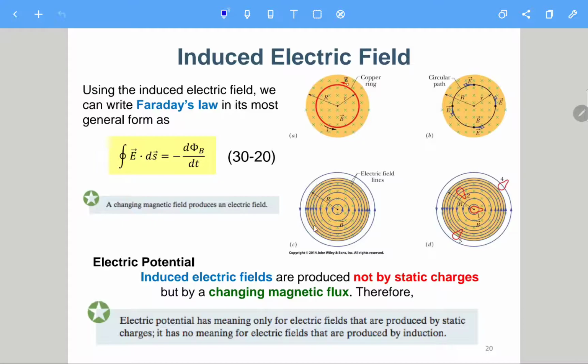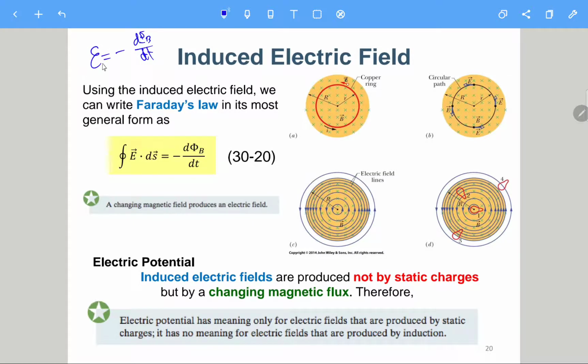So more generally, when we consider Faraday's law, we will write it like this. Originally on the left side, it is E equals minus d phi B dt. Maybe we have an N factor there if we have multiple turns.